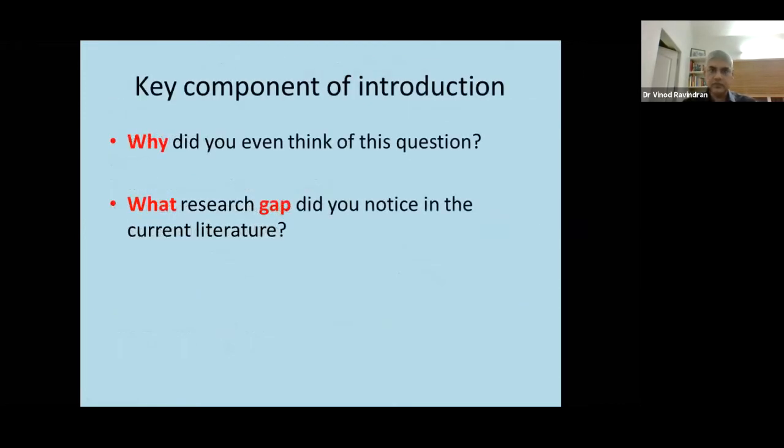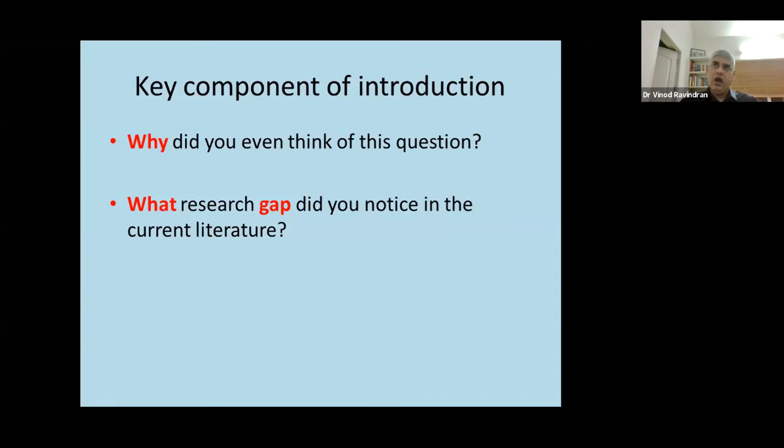Okay. So coming to the introduction, which is my major brief, the main component of writing an introduction is to answer two questions. First, why at all you did this piece of research, meaning why at all did you even think of this question, what is called the research question.